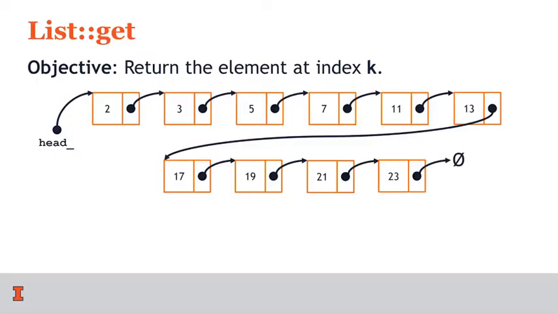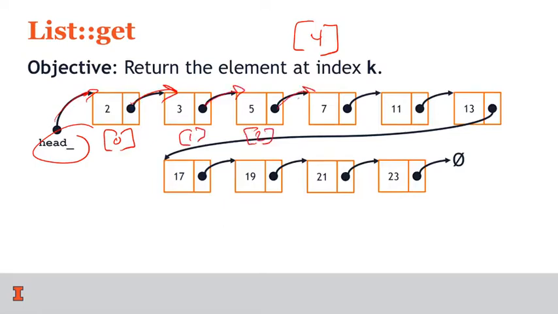Let's think about how we might implement that get operation if we want to find out what is at index 4 or index k. I'm going to think about index 4 right now, and then we'll generalize it out to index k. So to access index 4, we need to start at the head and advance to index 0, and then continually advance to index 1, to index 2, to index 3, and then to index 4.